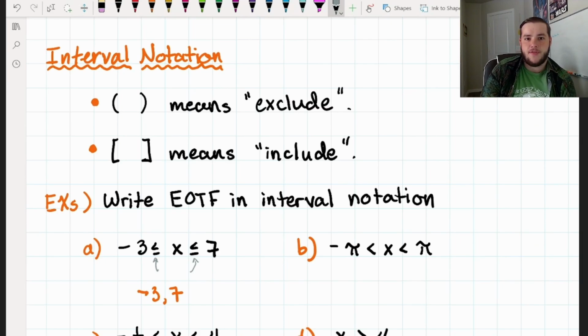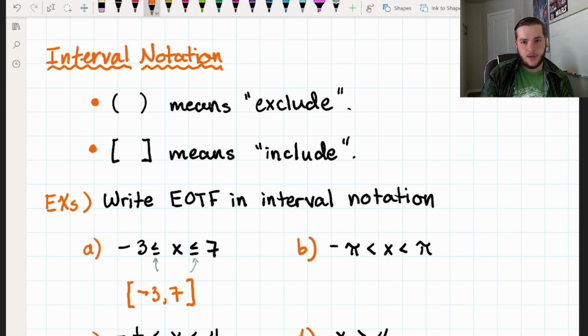The number -3 is greater than or equal to -3, and the number 7 is less than or equal to 7. So I should include both of those numbers in my interval. That means I use square brackets around them, right? So this [-3, 7] in brackets is a more succinct way of writing the inequality given above.